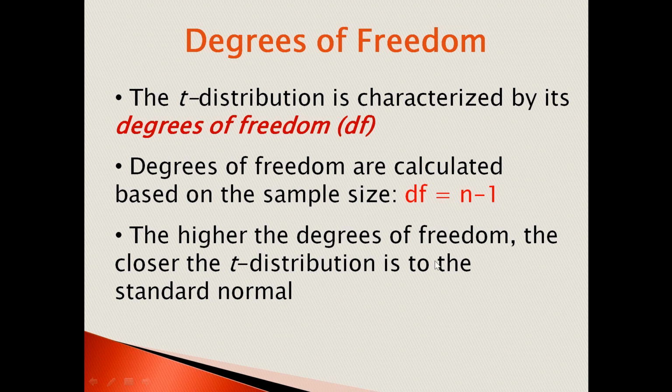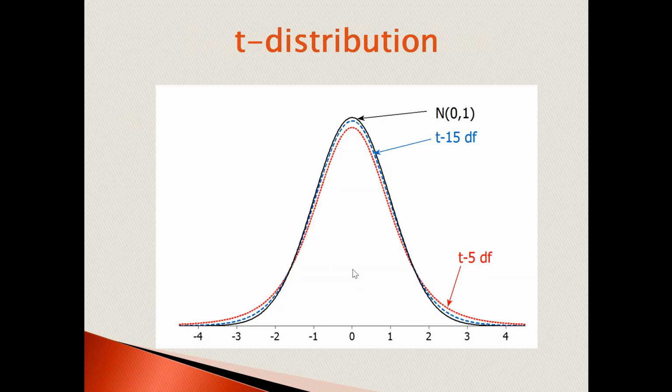Obviously, the higher the degrees of freedom, the closer the T distribution is to the standard normal, which makes sense because if you have a large enough sample, it will follow the normal distribution. So let me show you a graph. Here you have the T distribution where the degrees of freedom equals 5, meaning the sample size was 6.